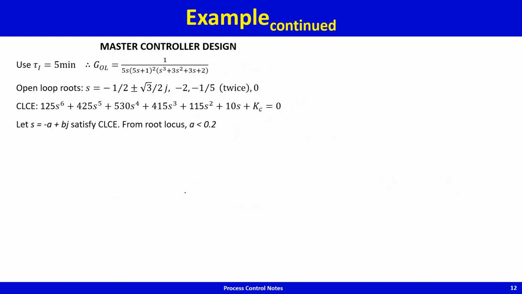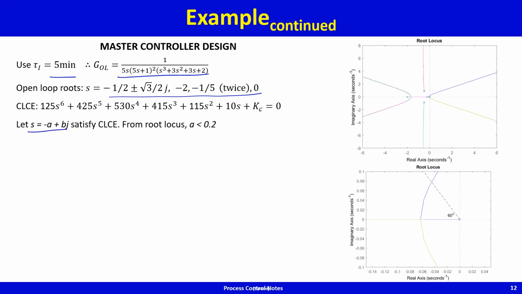So like I said, use tau I equal to 5 minutes. That gives us a G open loop as this, and it's got these 6 open loop roots where the root at minus 1 by 5 is repeated twice. If we say that S equal to minus a plus bj satisfies the closed loop characteristic equation, the root locus, I drew it in MATLAB, and this is the zoomed in view.